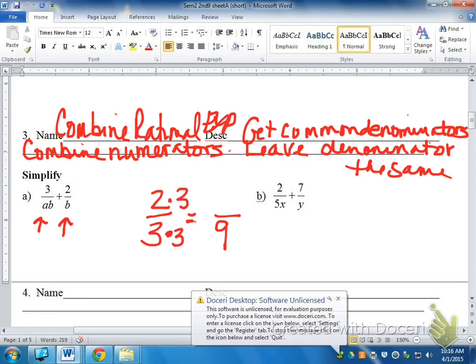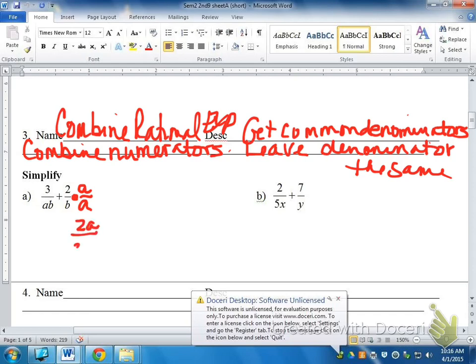You have to multiply the top as well, right? And those are equivalent fractions because you multiply top and bottom by the same thing. That is the idea with this. So the part on the right is missing the a, so I have to multiply top and bottom by an a. So what that does then is it makes the right-hand rational expression 2a over ab.